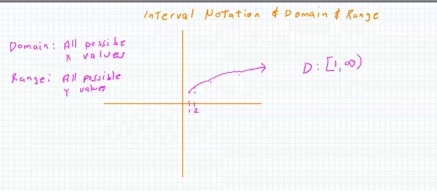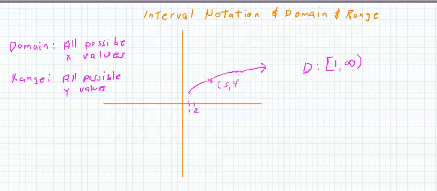If I look at every point on this graph, x is either 1 or some number bigger. For instance, this point right here, I missed my graph a little bit, is 1, 2, 3, 4, 5, and 1, 2, 3, 4.